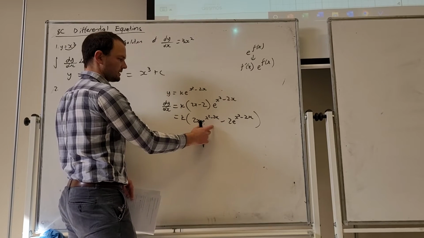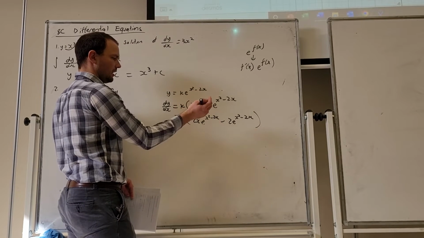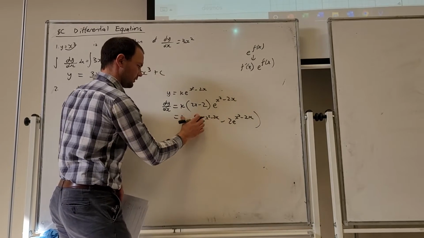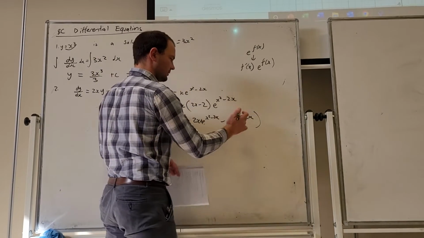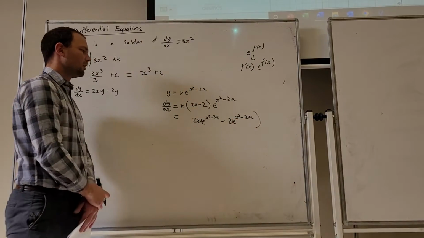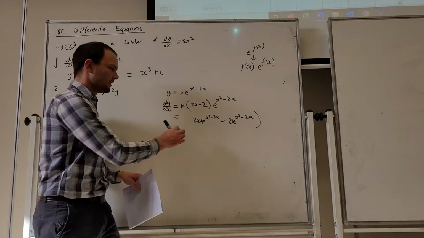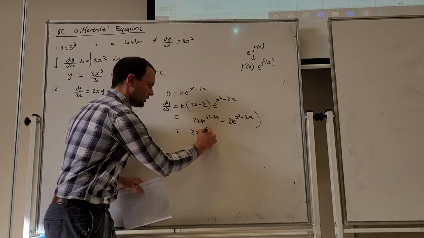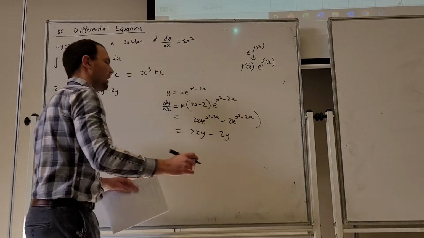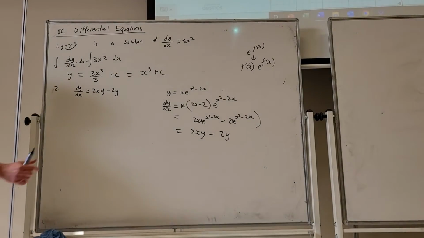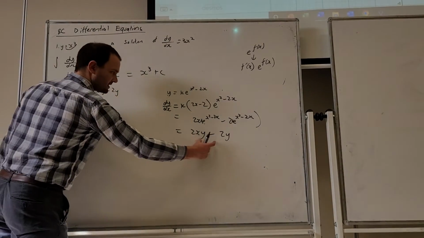Hang on, I need to distribute the k as well. Sorry. 2xk e to the x squared take 2x, take 2k e to the x squared take 2x. y is k e to the x squared take 2x. So here we can simplify this to be 2xy take 2y. Alright, and so we can see our differential equation obtains.